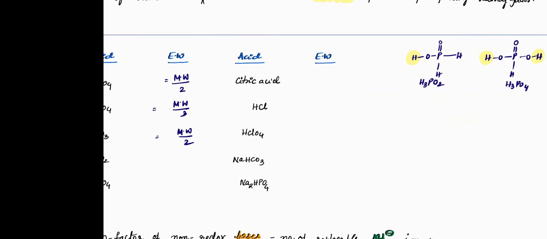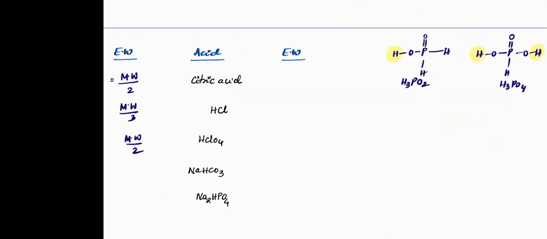It appears in the formula like it has 3 hydrogens, but it can have only 2 replaceable hydrogens. Similarly, here also it appears like it has 3 hydrogens, but the replaceable hydrogen is only 1. So by name you will remember it. This is hypophosphorus acid. And this is simply phosphorus acid.